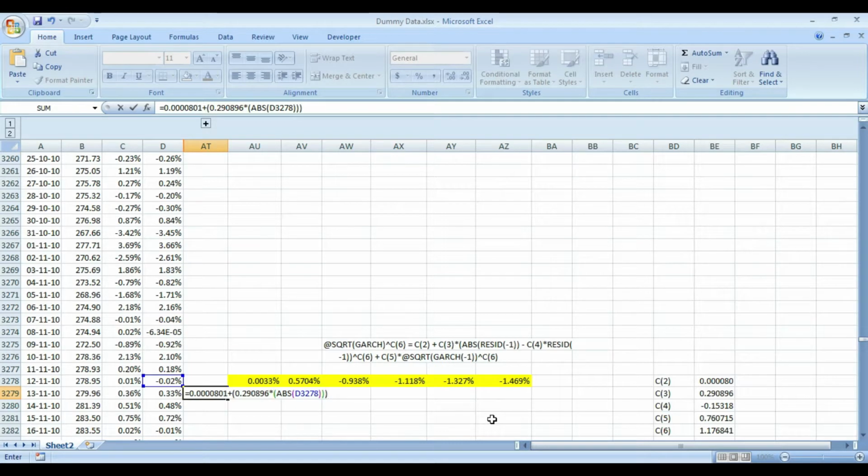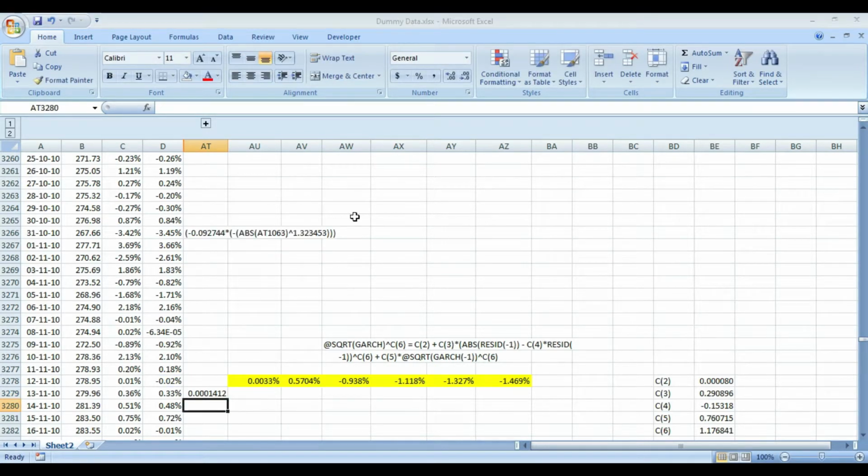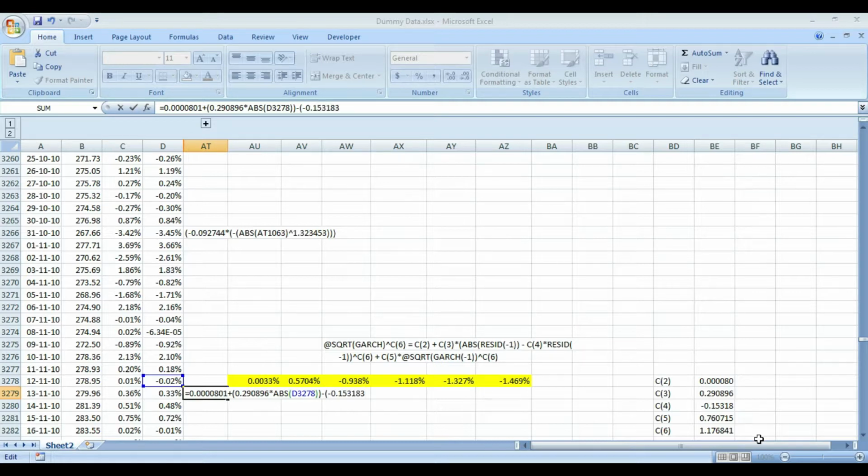So there you go, minus of C4, right? So let's copy C4 for that part, minus of C4, which is already a negative value, multiplied by, let's give an open bracket, then multiplied by residual n minus 1.